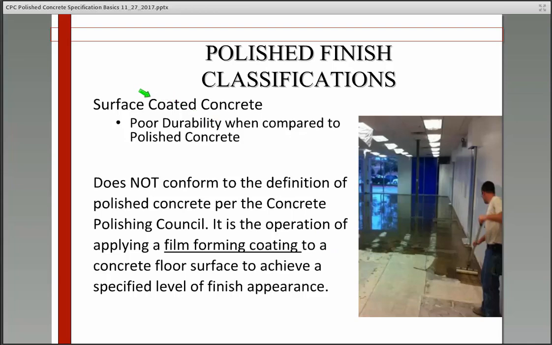If we take a surface and simply put a clear sealer on and it dries and now it's shiny and looks all glossy, it's not polished concrete because we didn't do anything to change that surface. We simply applied a product that could be removed with maybe a chemical removal, and this floor could, in essence, be back to what it looked like before. So it does not conform to the definition of polished concrete per the Concrete Polishing Council.